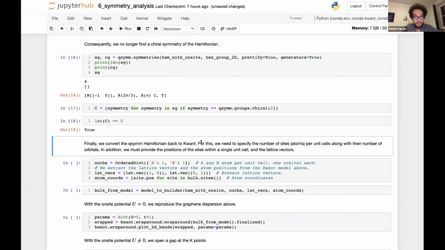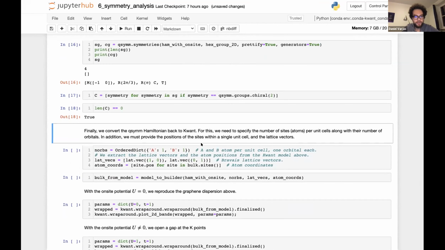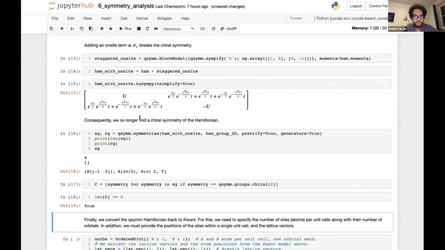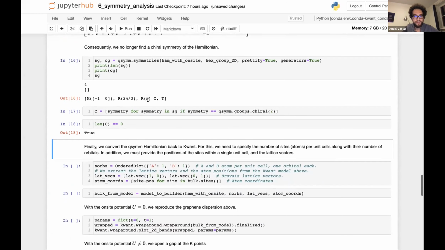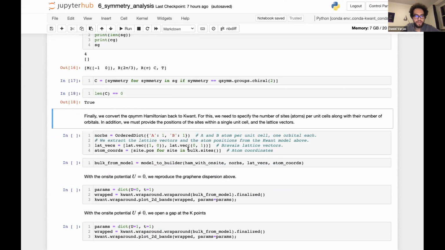And as the last step, we can convert this model that we just constructed here back to a Kwant model. So for this, we have to provide some more information. So first of all, what types of sites do we have and how many orbitals are on each site? So this is specified as an ordered dict for norbs.